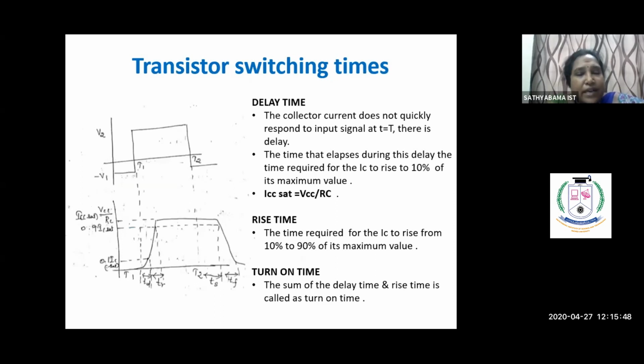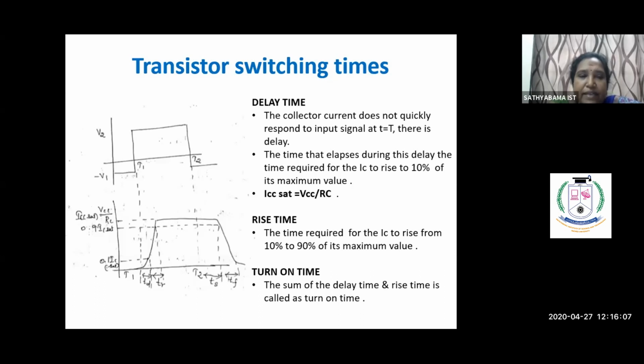Before starting the Astable multivibrator, try to understand some of the terms in transistor switching times. On the left-hand side a graph is given, and the first waveform shows a pulse between time t1 and t2.